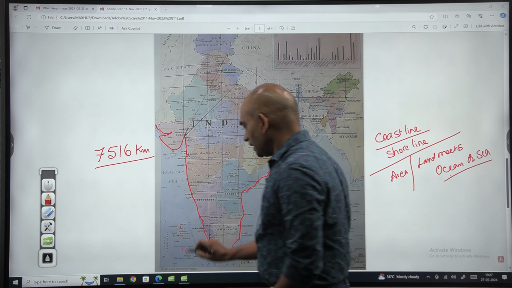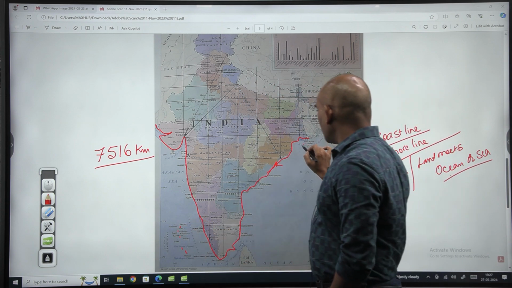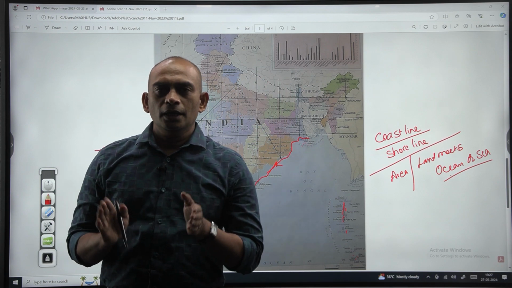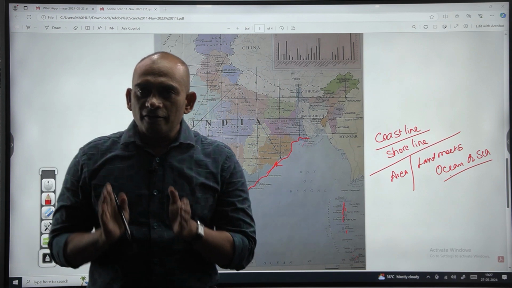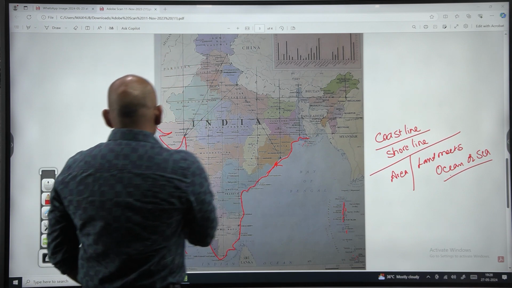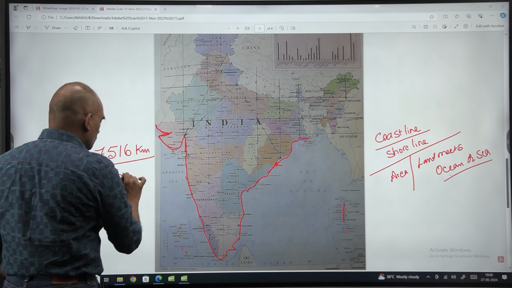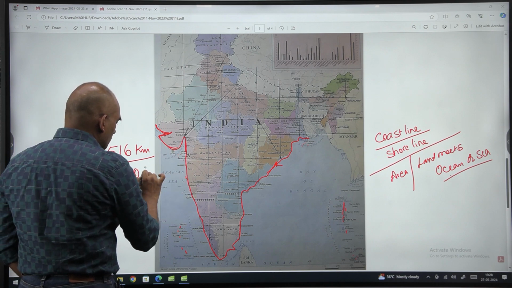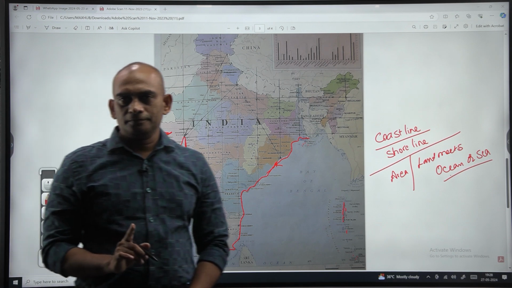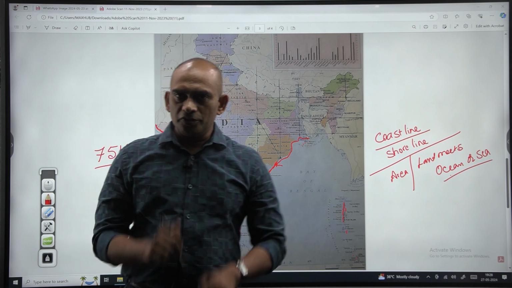All these islands, Lakshadweep, Andaman and Nicobar and other islands which are located almost everywhere in the Bay of Bengal and also the Arabian Sea. If you look at only the mainland, how much coastline do we have? 6,100 kilometers of coastline. So then what is maritime boundary?